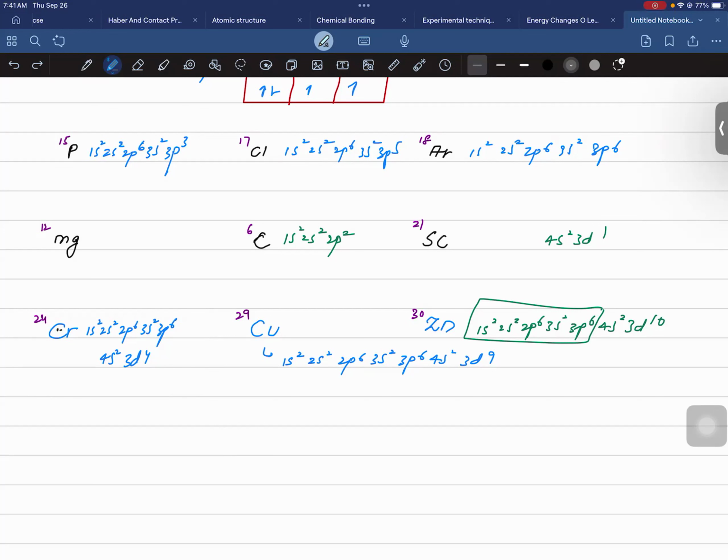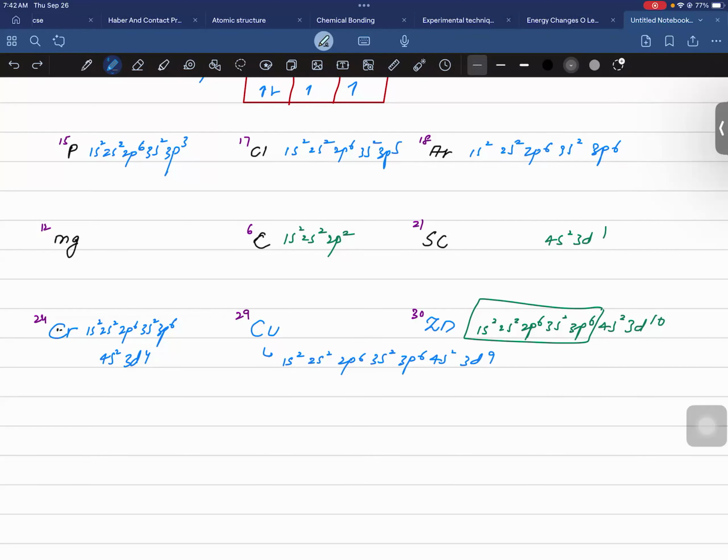Some orbitals are unstable and some orbitals are stable. You need to know which orbitals are less stable and which orbitals are more stable.